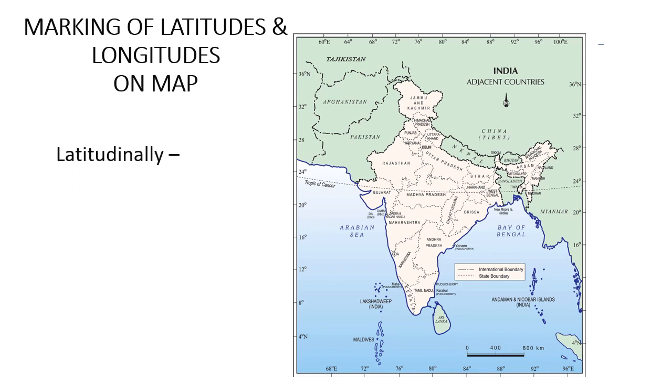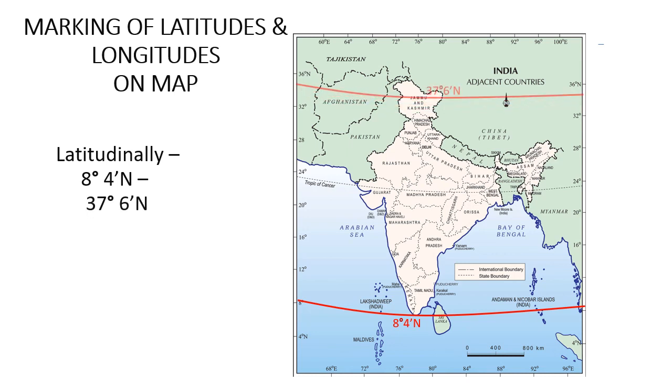Latitudinally, India lies between 8 degree 4 minute north. See, 8 degree 4 minute north. It touches the southernmost tip of India, Kanyakumari. So the line gets curved, 8 degree 4 minute north to 37 degree 6 minute north.